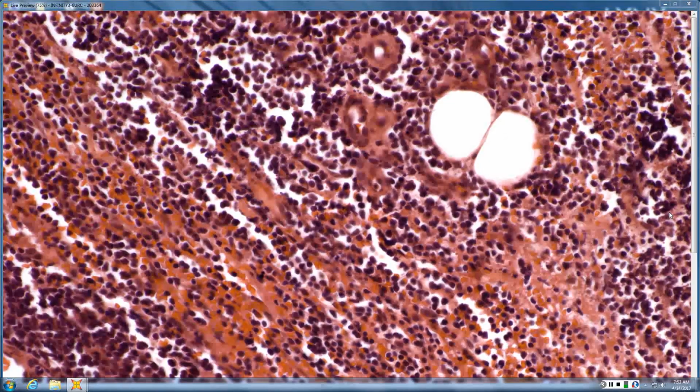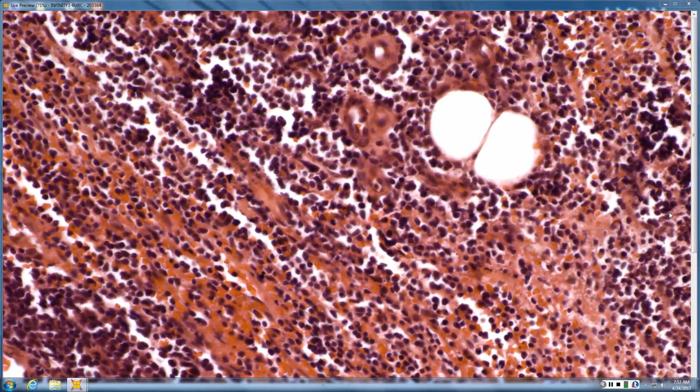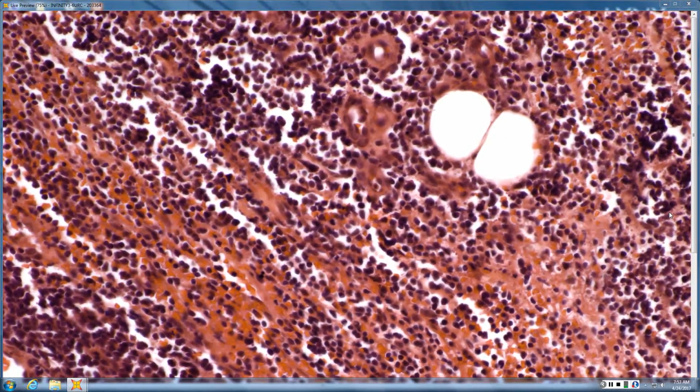Yeah, diffuse large cell. So old women, 90-plus-year-old women, get an aggressive type of blastic lymphoma on the leg. That is leg-type lymphoma. It's an activated, nasty, blastic follicle center lymphoma.